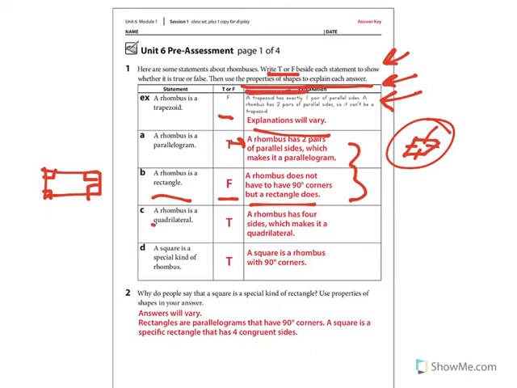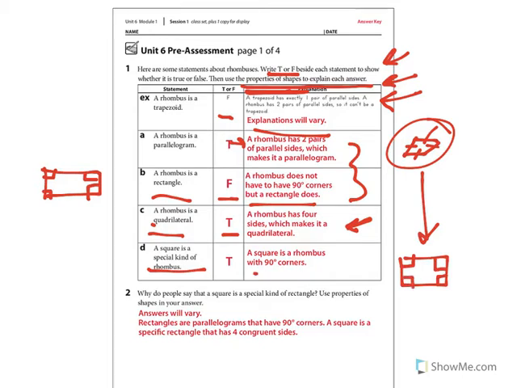C. A rhombus is a quadrilateral. I might think to myself, well, a rhombus has four sides, and all quadrilaterals have four sides, so that is true. A rhombus has four sides, which makes it a quadrilateral, okay? D, a square is a special kind of rhombus. Now I think to myself, a rhombus has two sets of parallel sides and four congruent sides, and so does a square, but it also has 90-degree angles at its corners.